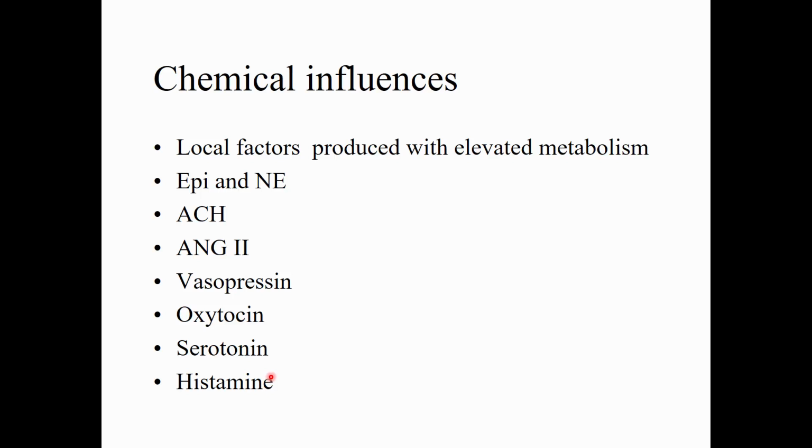So how is this happening? Factors that tend to increase cyclic AMP or cyclic GMP tend to promote relaxation of smooth muscle. Things that increase calcium promote contraction of smooth muscle or vasoconstriction. Things that lower calcium promote relaxation.